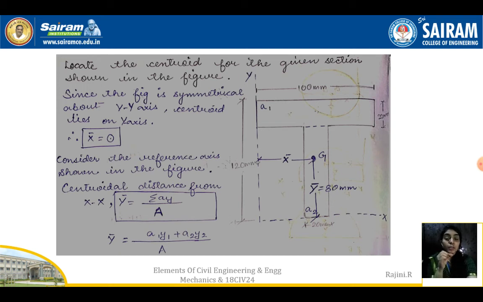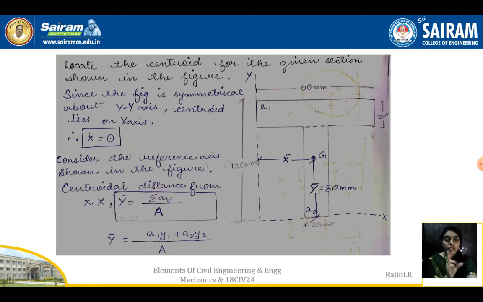But you can divide it into several small areas. That one we are calling an elemental area. As in the derivations, we cut that small elemental area and solved the problem, same thing here. The given figure, you cut it into different small areas for our convenience. Here you can see one rectangle on top and another small rectangle at the bottom.